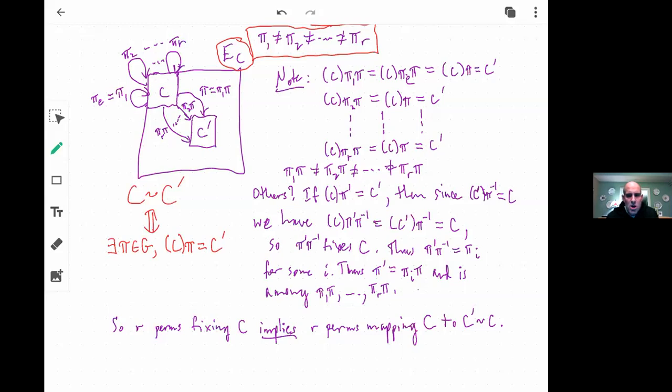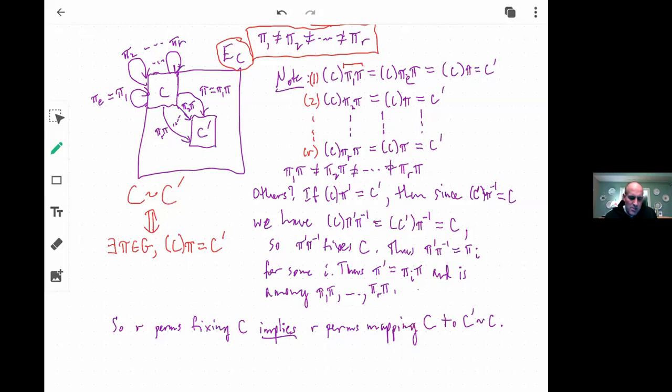But how can I build R of them from these R that happen to fix C? Well, like this. I do it right over here. So here's 1, here's 2, dot, dot, dot, here's R. I claim that there are R permutations over here that happen to do the job. And how do I get them? Well, I take pi 1 and pi and I operate them left to right.